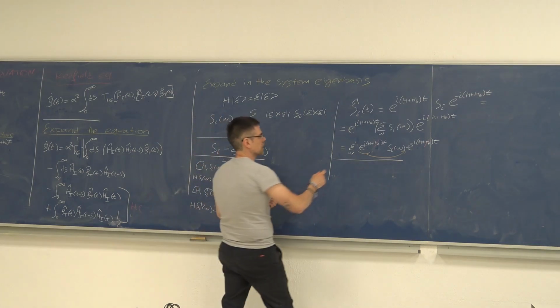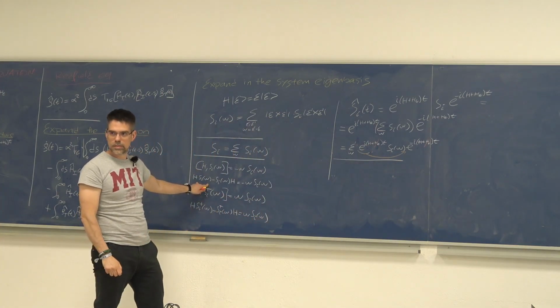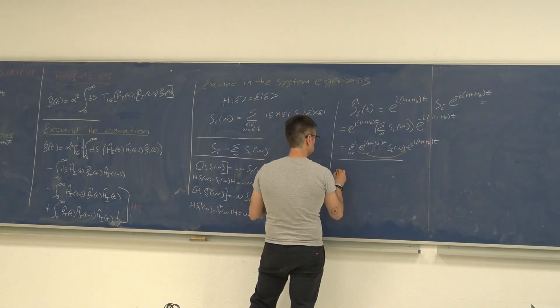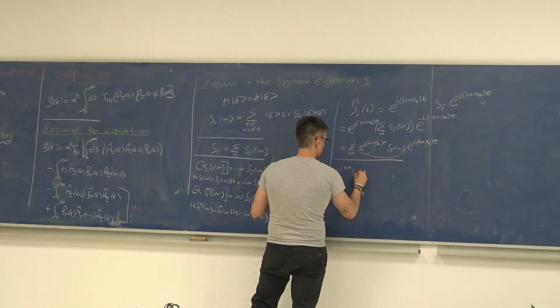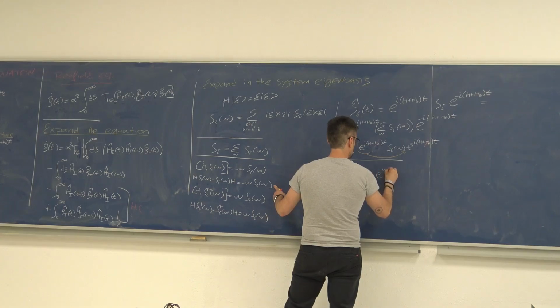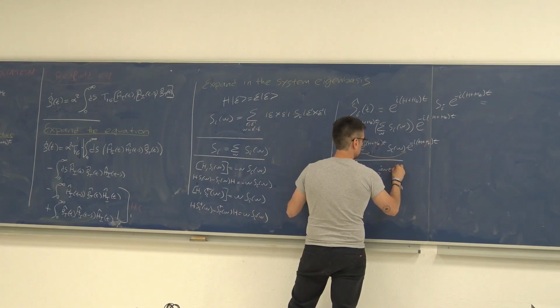What do we have here? That will be HS. Basically, what we can say from this rule is that the exponential of iHt times S_i of omega is equal to the exponential of minus omega t i plus iHt.